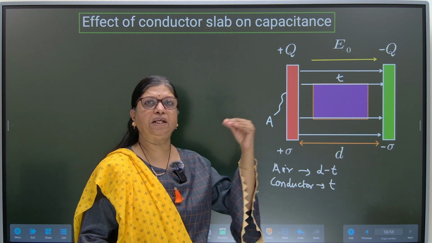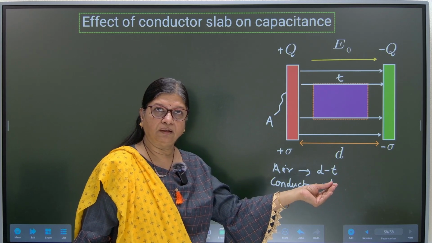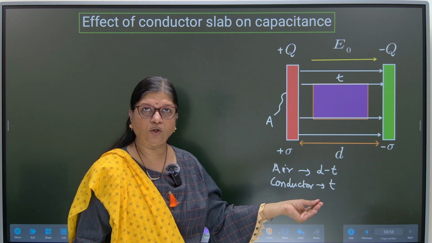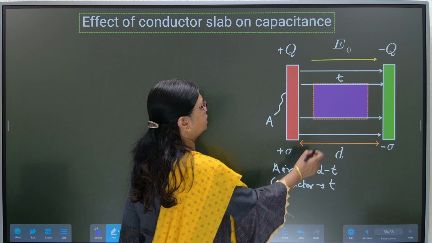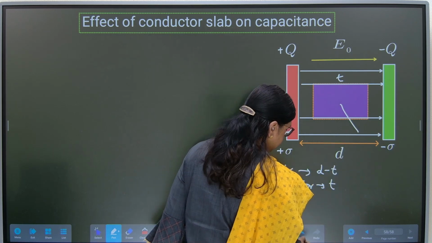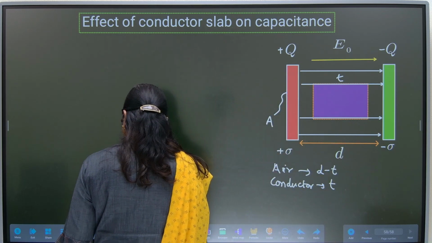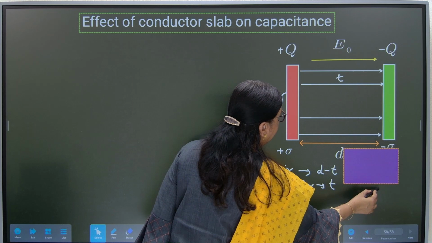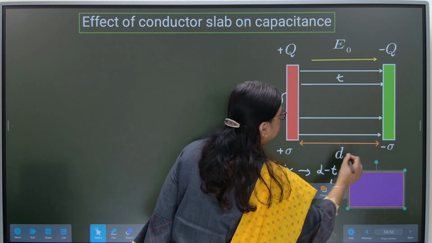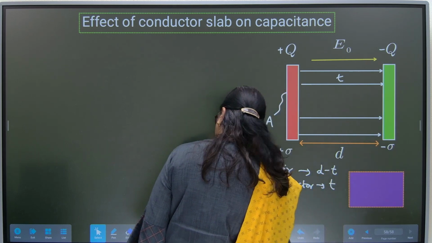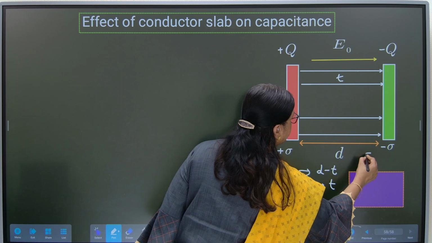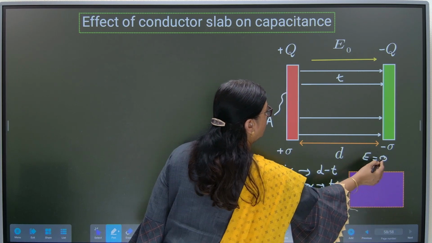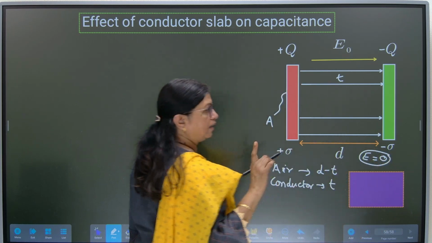Whether I place it between the electric field E naught or whether it is outside, we have learnt in this chapter that inside a conductor E is equal to 0. There is no electric field inside a conductor.